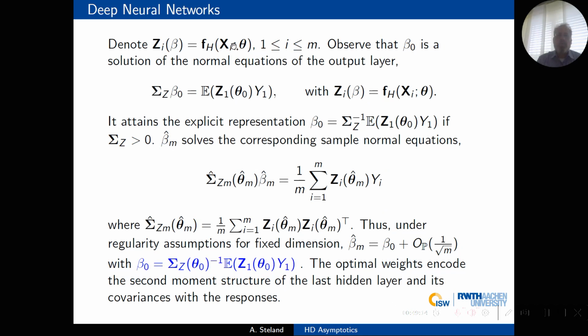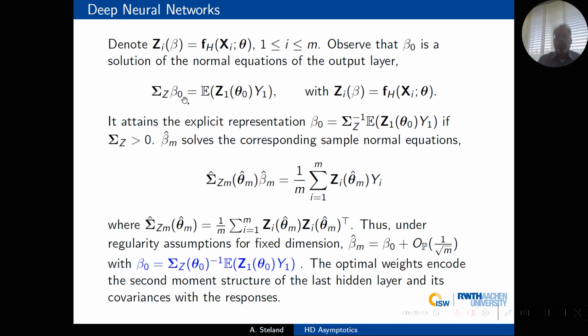Okay, so let us denote by Z_1(beta) the output of the last hidden layer. Then by formulating the normal equations, so the necessary conditions for a minimum, we get these normal equations for the output layer. These normal equations of the output layer are simply a system of linear equations.